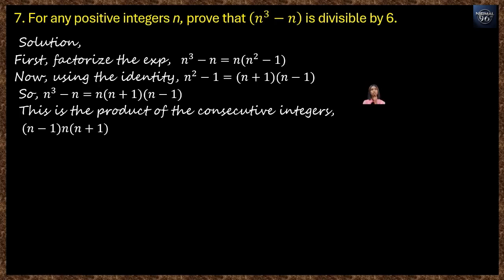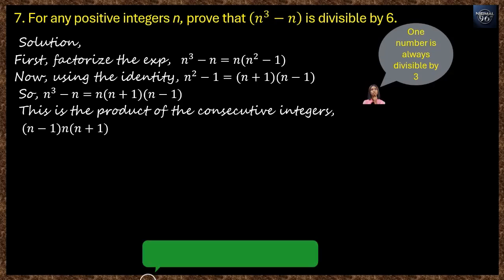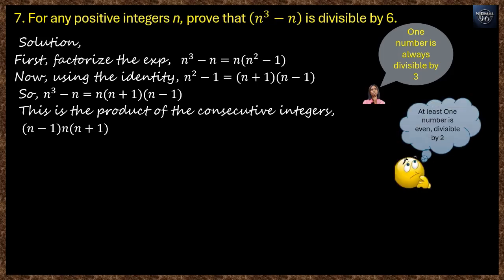Now you might be thinking that one number is always divisible by 3 when you have 3 consecutive numbers. But again, at least one number is even. When there are three consecutive numbers, one number is always even. That means it is divisible by 2. So let's go ahead.